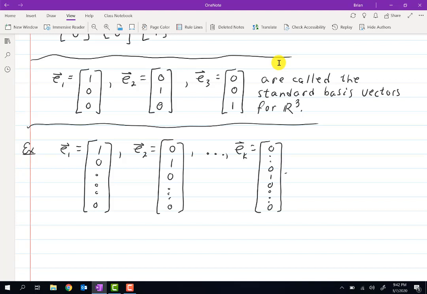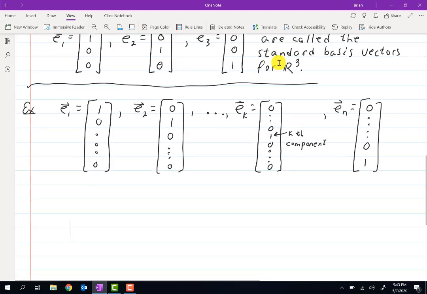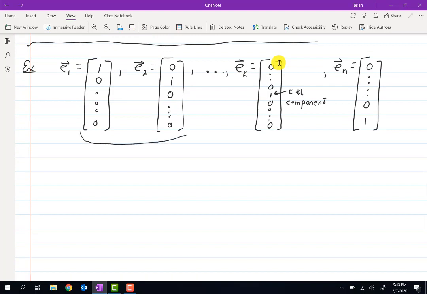So that spot right there is the kth component. All the way until you get to E sub n. You'll need n of these vectors to do the job. Here's where we have 0, dot, dot, dot, dot, 0, and then it finally ends with a 1. So these are the standard basis vectors for Rn.